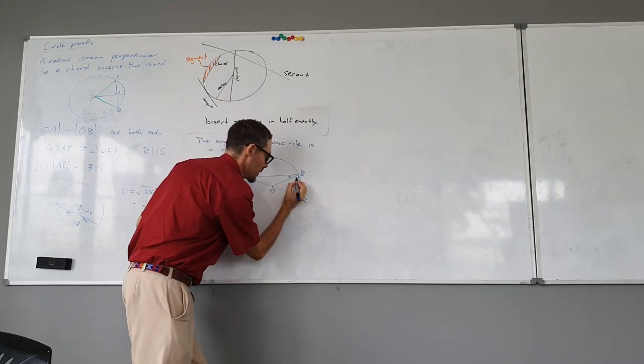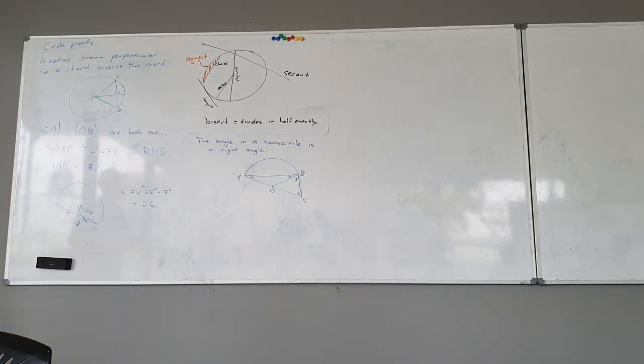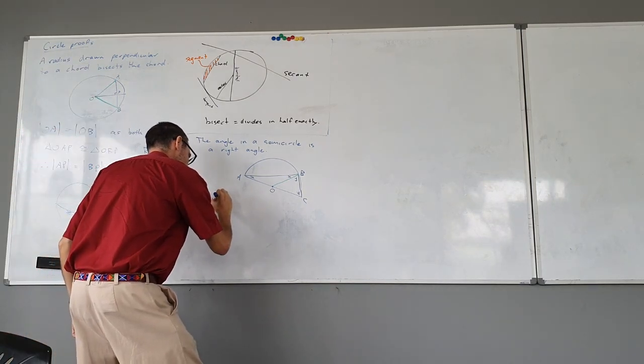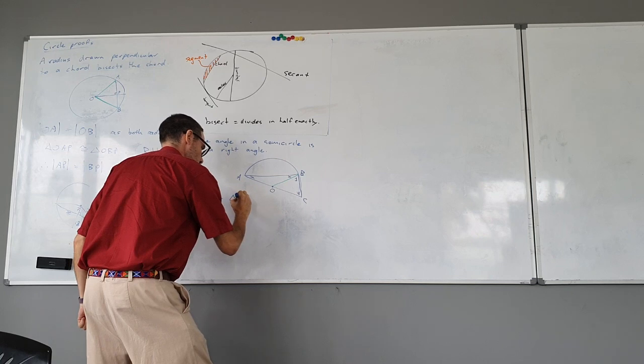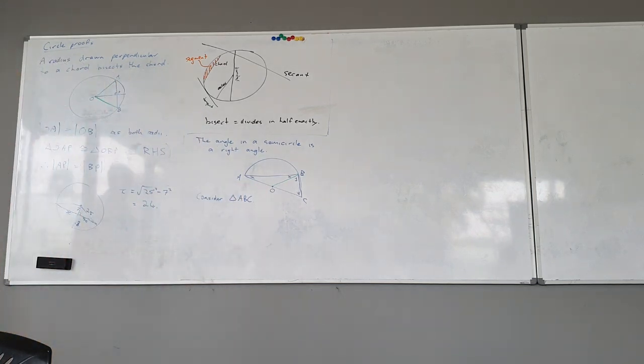Let's do the same on this one, y and y. Consider triangle ABC. The angles in this triangle must add up to 180 because it's a triangle.